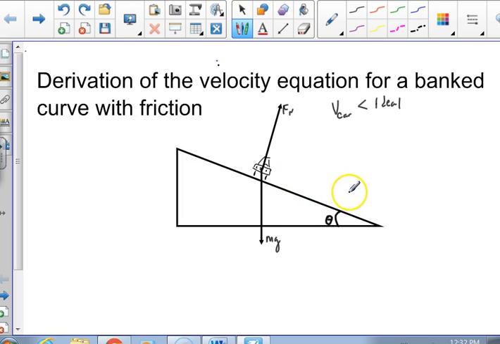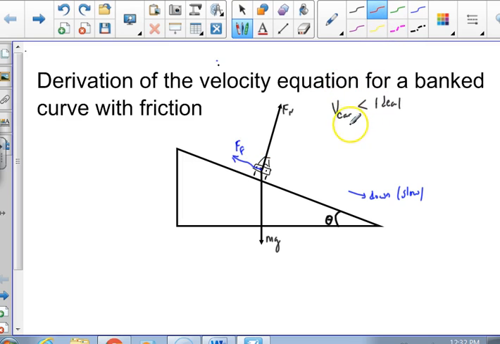So we have the car in this case moving down the bank because it's too slow. That's going to cause it to have friction. If it's sliding down the bank, friction is going to be in this direction. We'll call that FF.